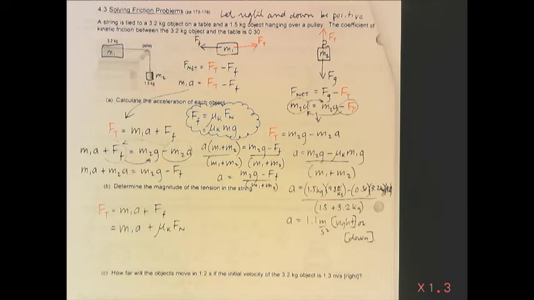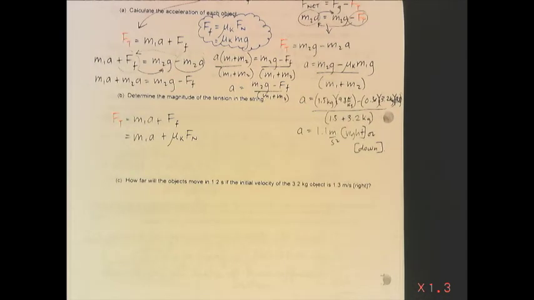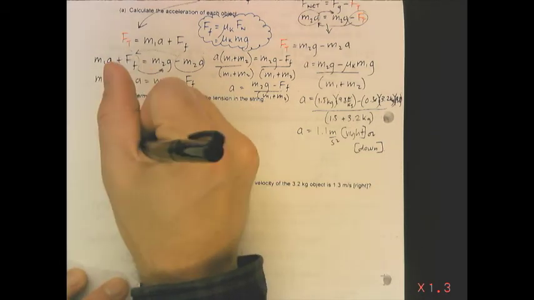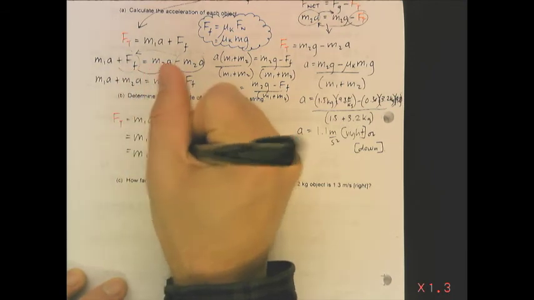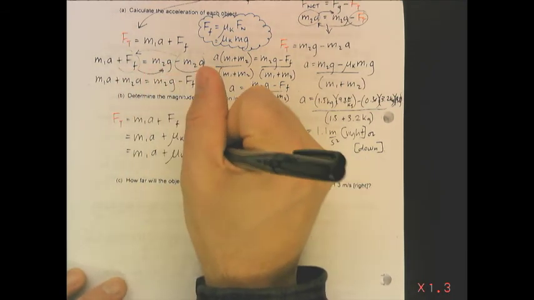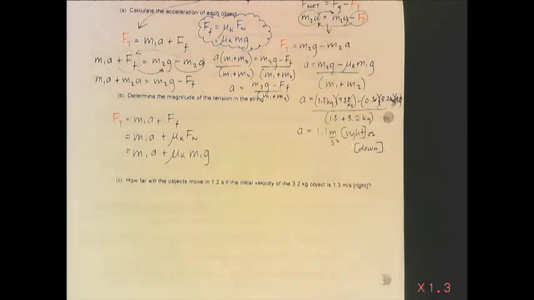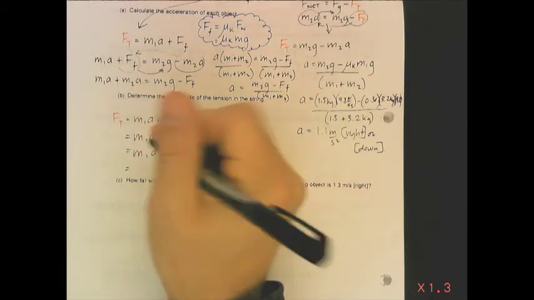What do I put in for the normal force? mg. So this is m1a plus uk times m1g. Sub and solve, and you have the magnitude of tension.